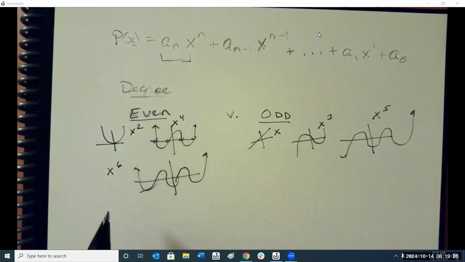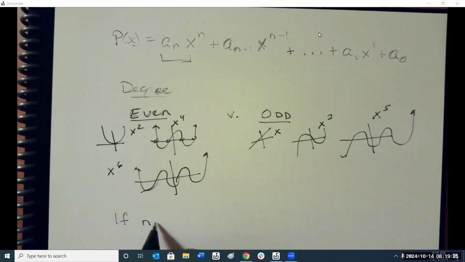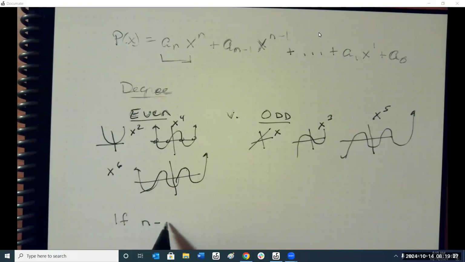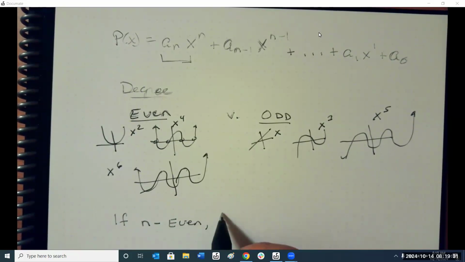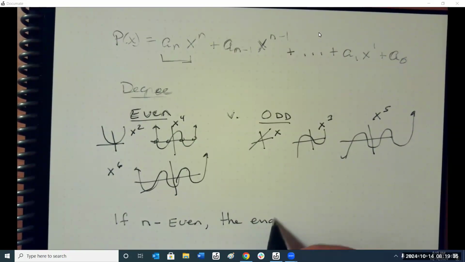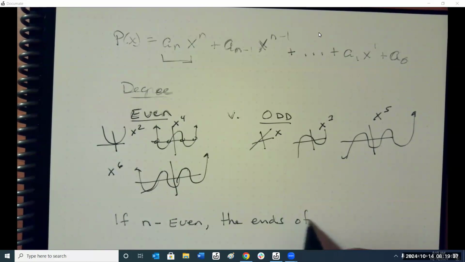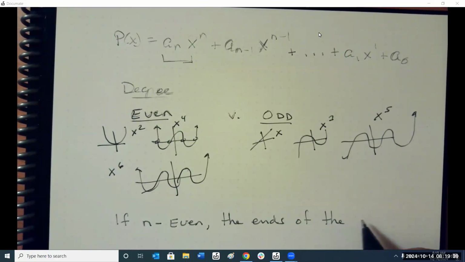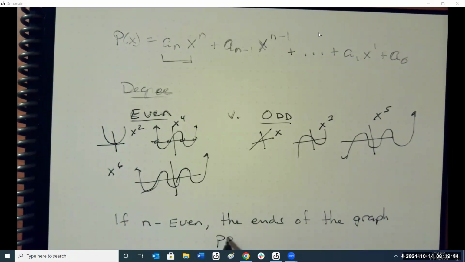So what we notice is if n, the degree, is even, the ends of the graph point the same direction.